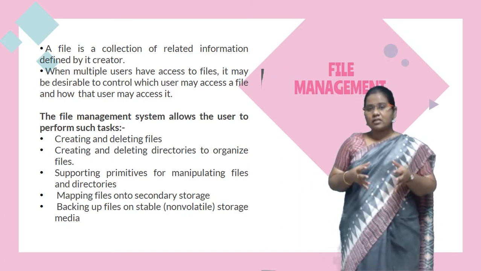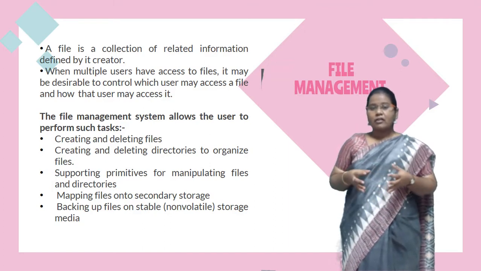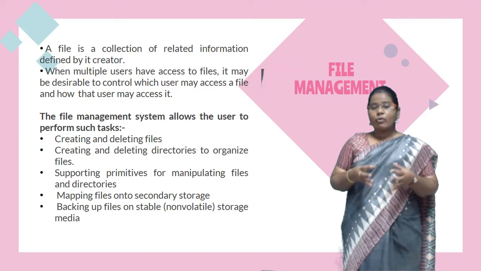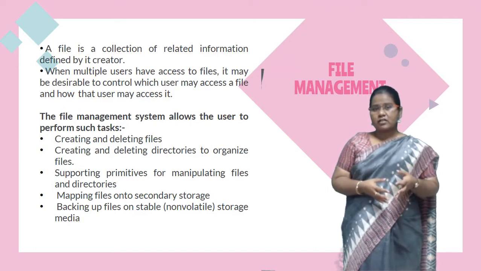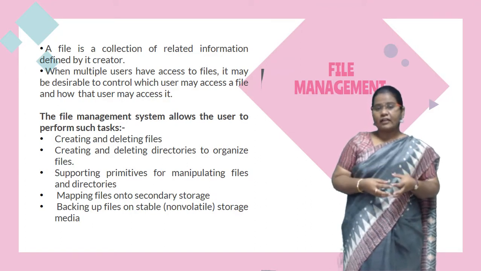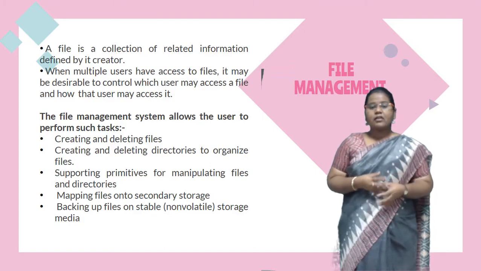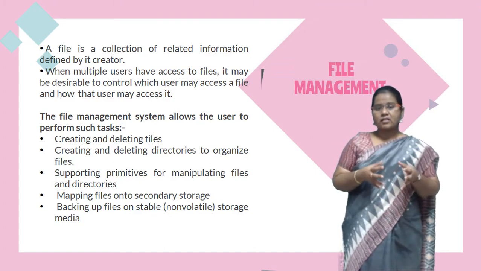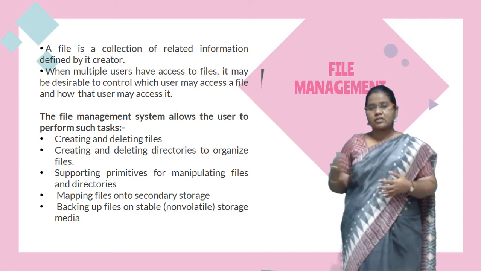While loading this file from secondary storage to primary storage, the operating system will manage what memory locations are present in the secondary storage device for that particular file, and what amount of memory is needed for that file in order to load into the main memory.